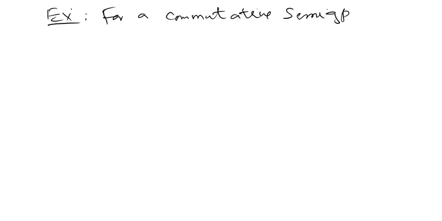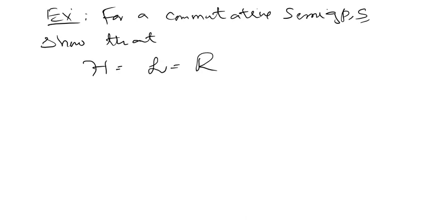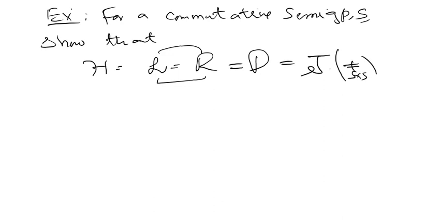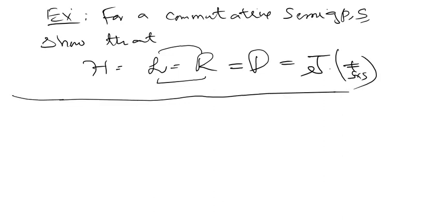For a commutative semigroup S, show that these relations, H relation is same as L. Actually L and R are same, you need to verify just this, therefore their intersection is the same, because when they are same sets, their intersection is either L or R, so that means H is equal to L and R, and their join is also the same, but in general they are not equal to S cross S. So that's the end of this lecture.